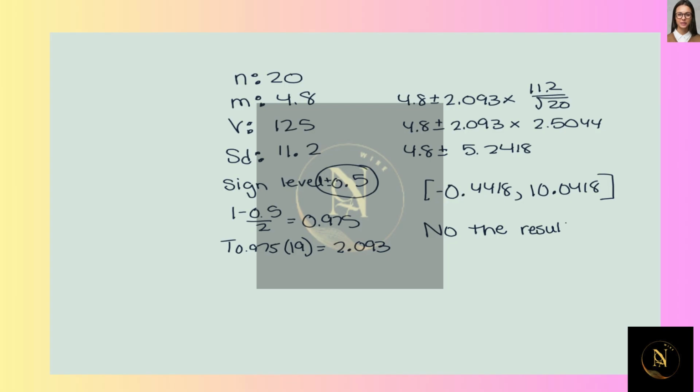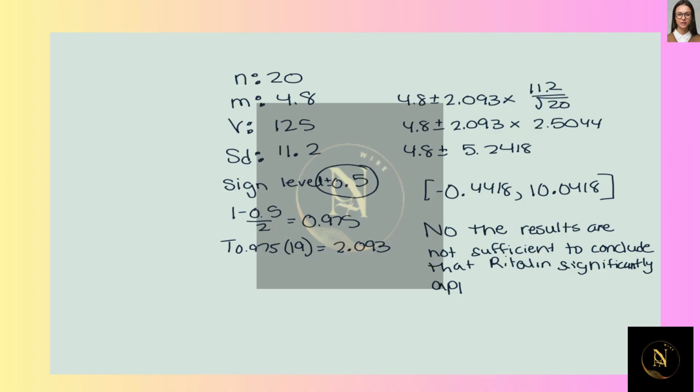So we can say no, the results are not sufficient to conclude that Ritalin significantly improves attention because 0 is within the confidence interval.